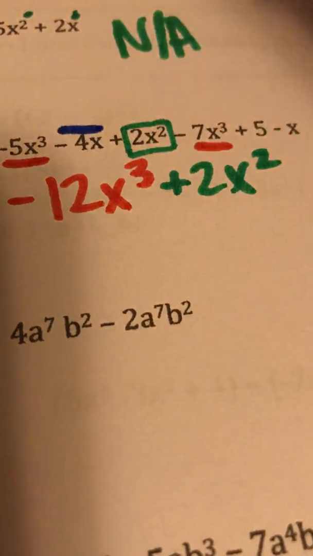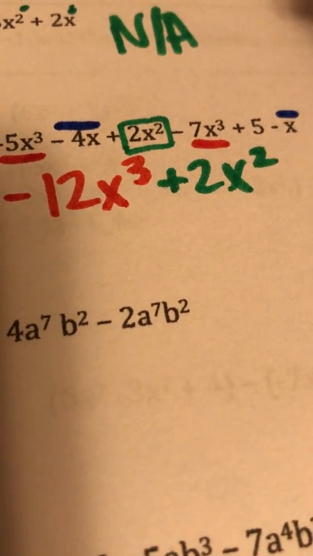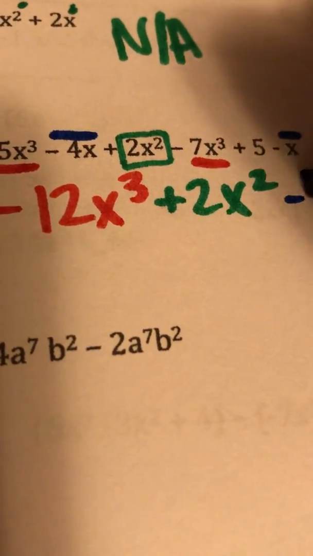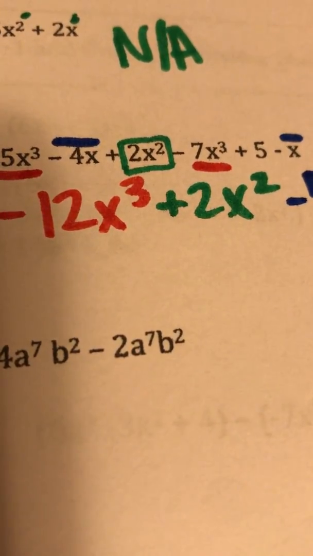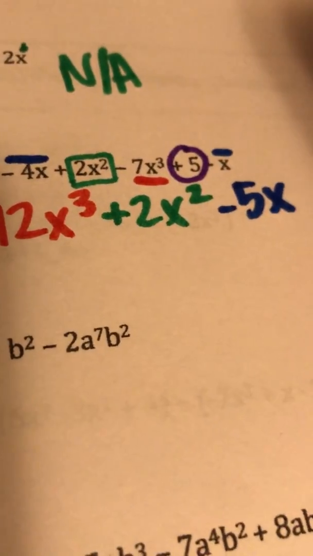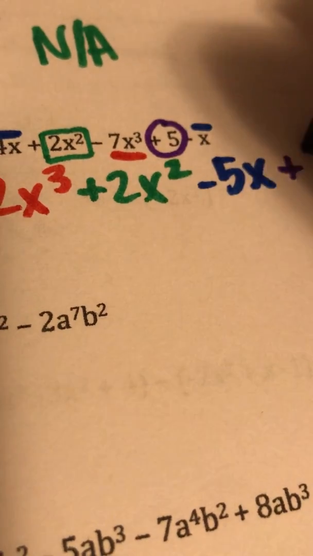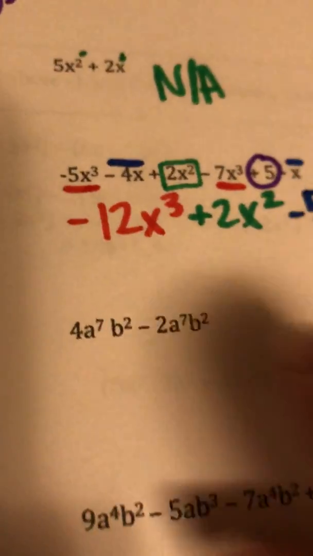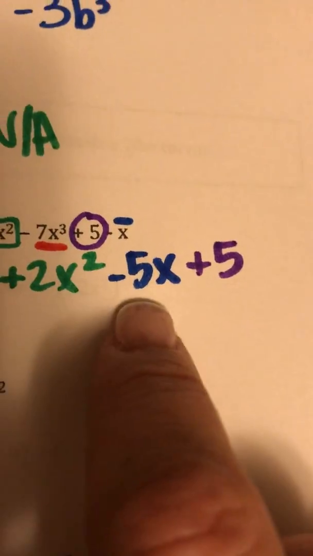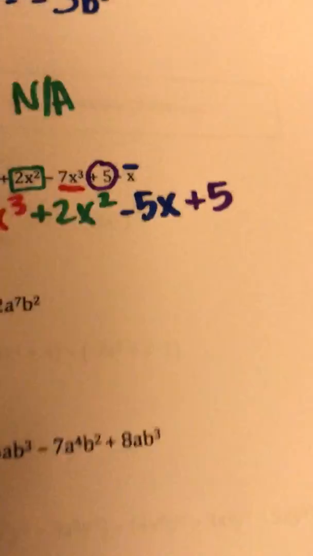Here's an x and here's an x. So negative 4x minus x would be minus 5x. And finally my constant, plus 5. So now I have an equation that reads negative 12x cubed plus 2x squared minus 5x plus 5.